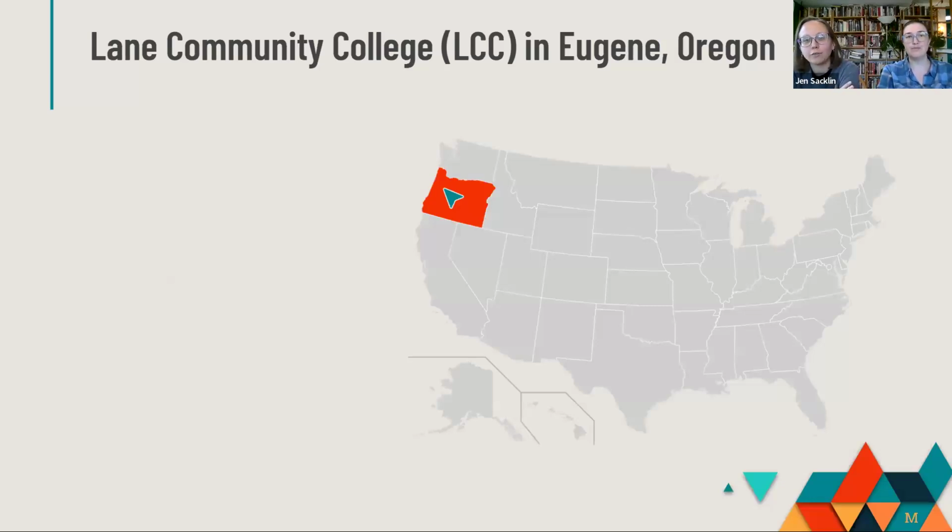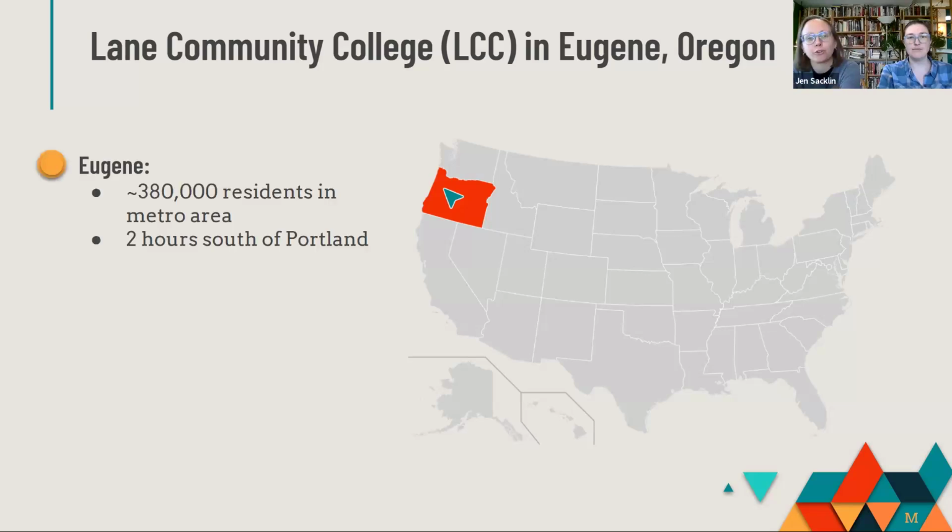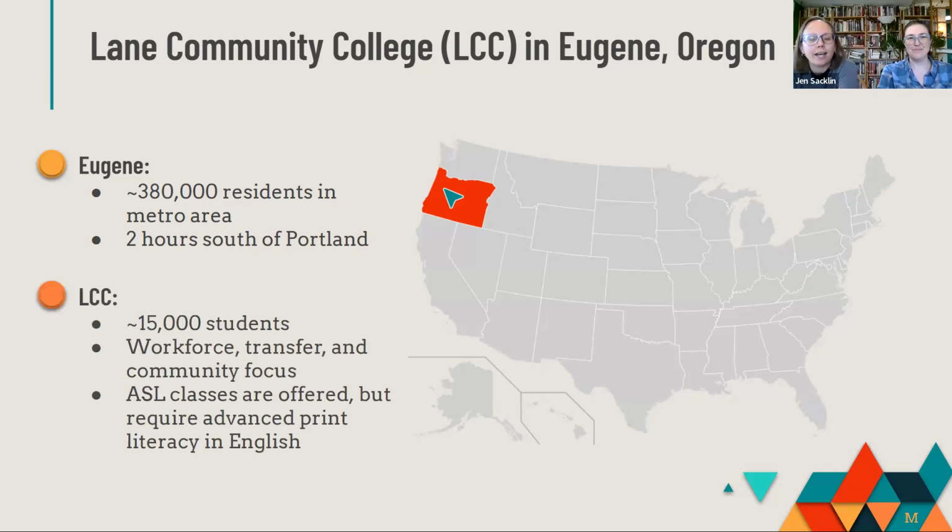So, Jen and I live and work in the city of Eugene in the state of Oregon, located on the west coast of the United States, and we work at Lane Community College. Our city, Eugene, has 38,000 residents, and we are about 2 hours south in driving distance from the Portland metro area.